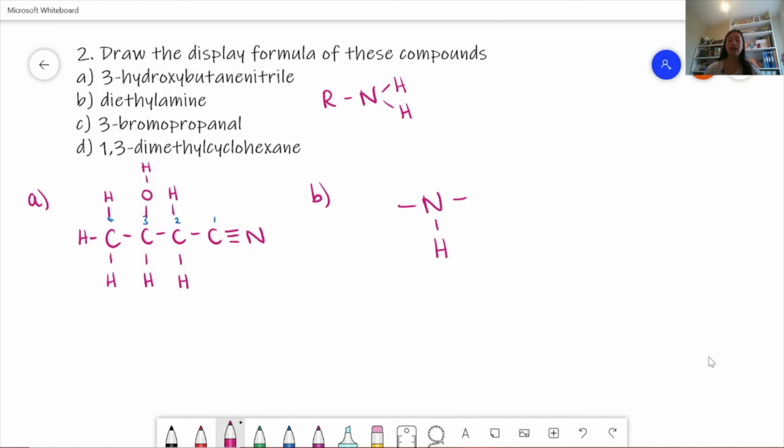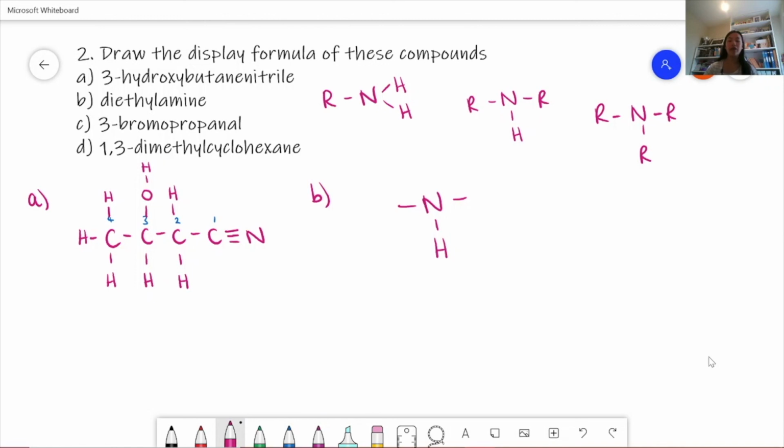A secondary amine would be a nitrogen with a hydrogen and two of these R groups, and a tertiary amine would be nitrogen attached to three alkyl groups. And this diethylamine actually turns out to be a secondary amine.